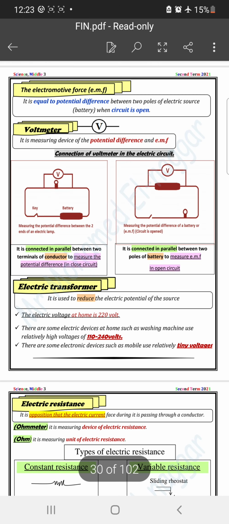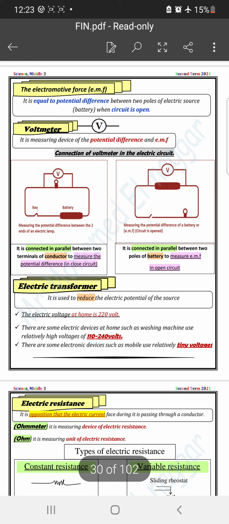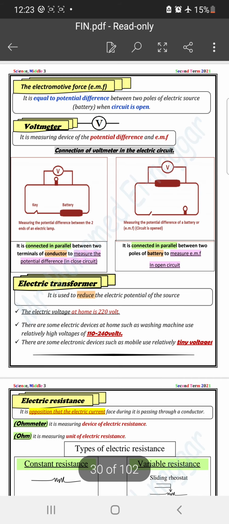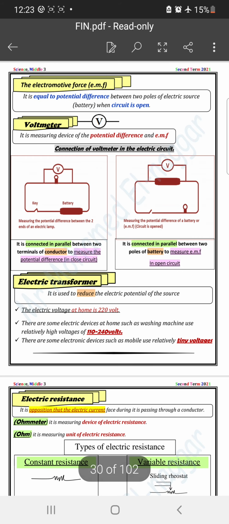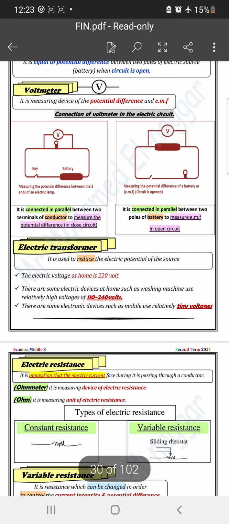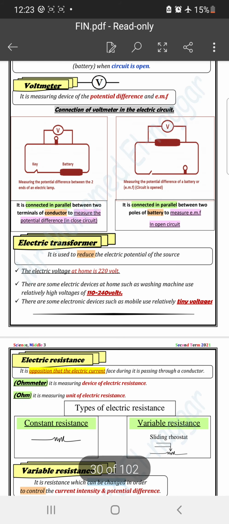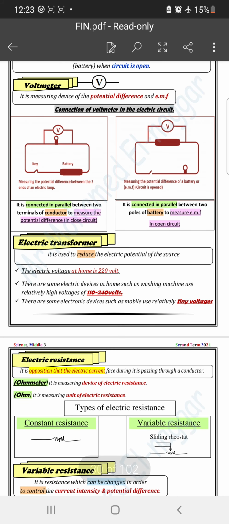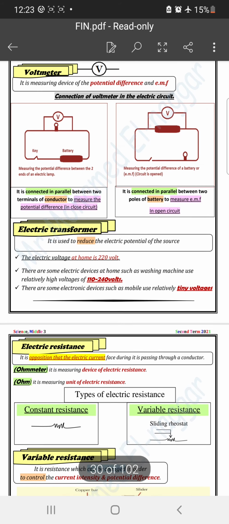The electromotive force has the abbreviation EMF. It is equal to the potential difference between the two poles of an electric source when the circuit is opened. The voltmeter is the measuring device of potential difference and EMF, so we can determine EMF or potential difference by using a voltmeter.